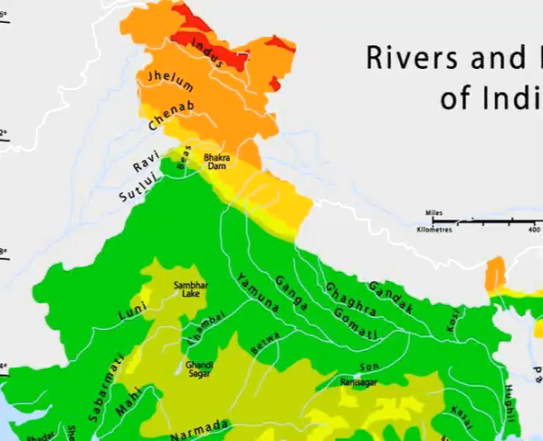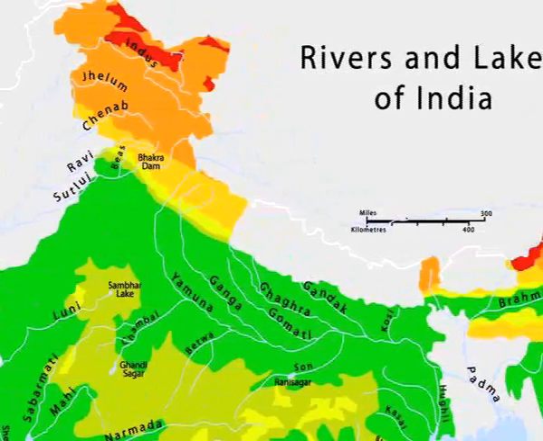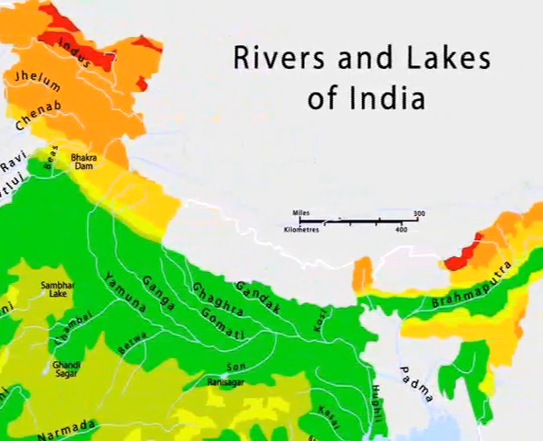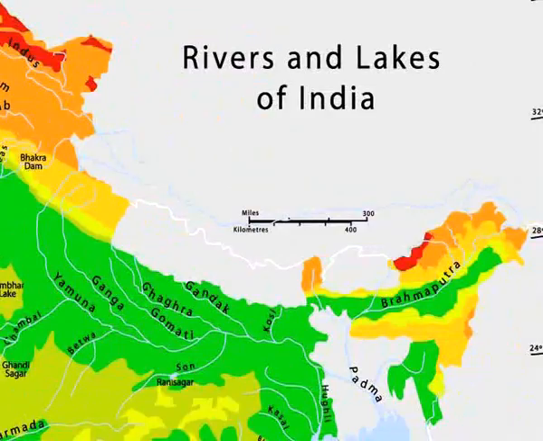The northern Indian plains, watered by a number of rivers of glacial origin like the Ganga, Yamuna, the Indus, the Brahmaputra, must have been a major source for making the soil very fertile, and that was conducive to the growth of diverse types of crops.